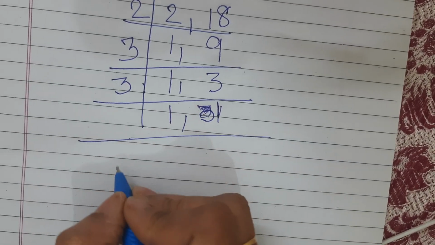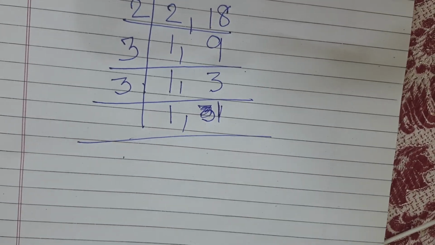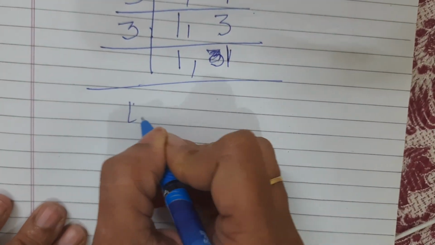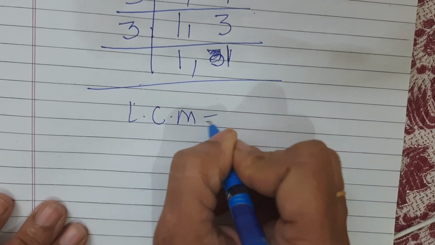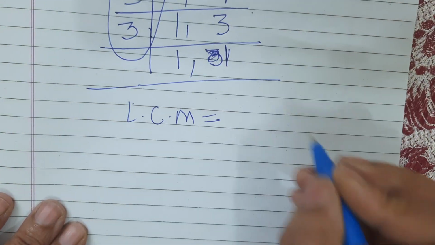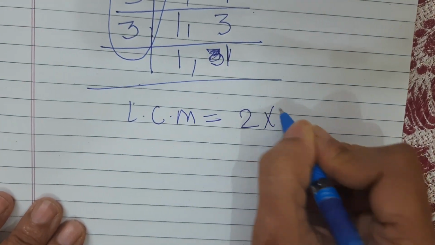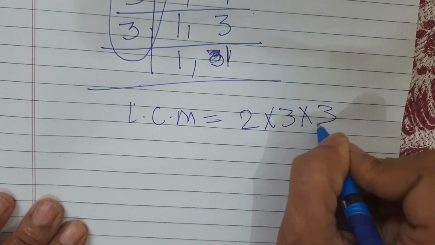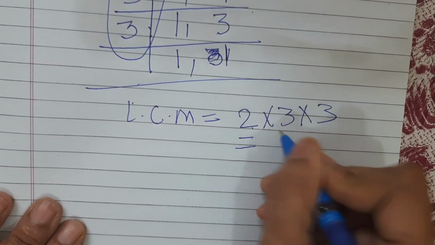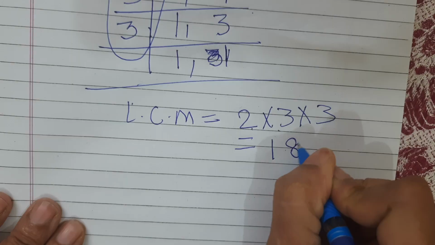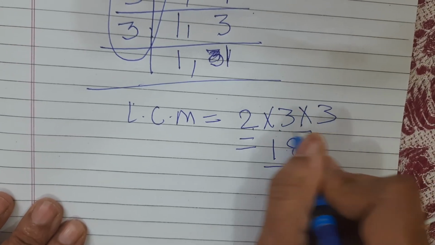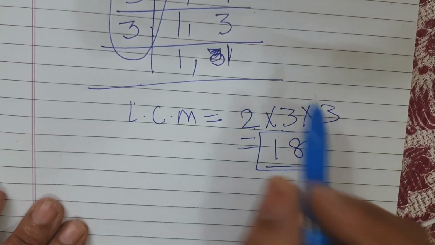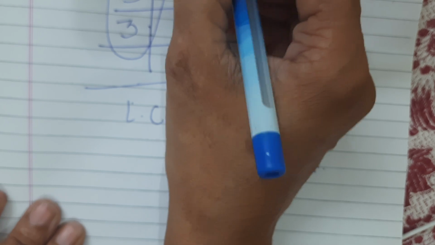So I will write my LCM. So my LCM becomes this: 2 into 3 into 3, which is 2 3s are 6, 6 3s are 18. Okay. Now you will notice that 18 is equal to the second number here.